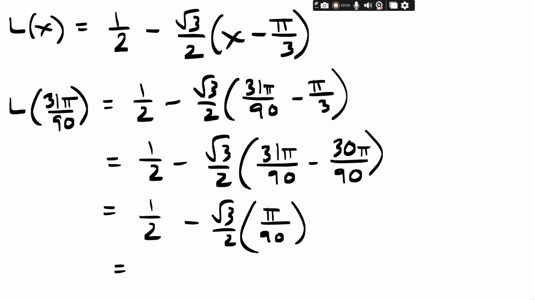Just simplify that. Let's see. Write it underneath the same denominator. So I got myself, looks like a 180 denominator on that side. All right, need common denominators, what I got here.